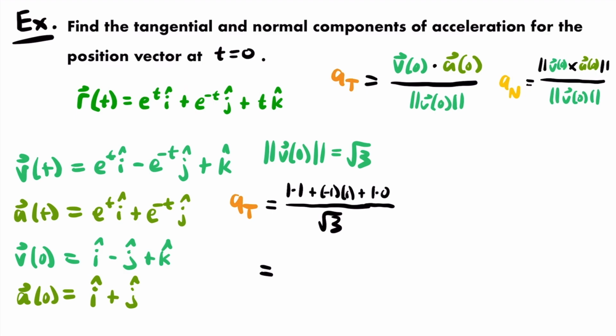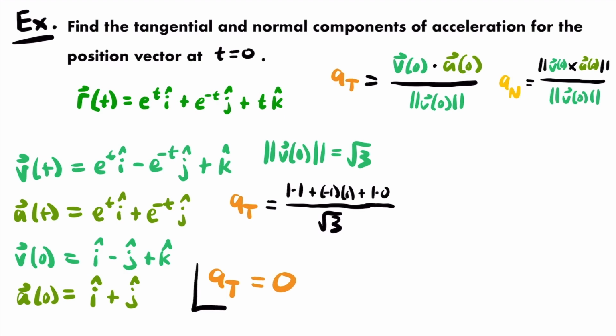So this is equal to 1 minus 1 divided by the square root of 3. But if you notice here in the numerator, 1 minus 1 is 0, so really what we have here is 0 divided by the square root of 3, which is 0. 0 divided by anything except 0 is going to be 0. And so what we find here is that the tangential component of acceleration is equal to 0.